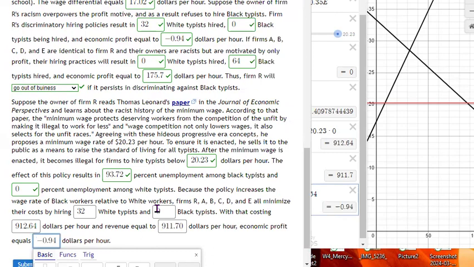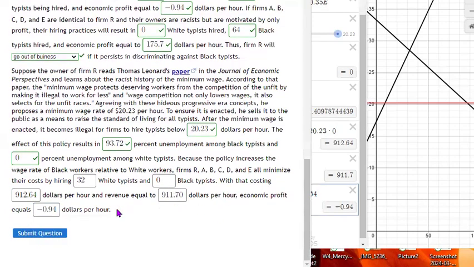So firm R forces the other firms into making economic losses, because firm R knows that if it doesn't get this minimum wage passed, it's going to be out of business. And maybe this is the reason why some jobs in America are outsourced to other countries. Because these regulations and rules that are sold to help the poor create economic losses for firms in the United States.